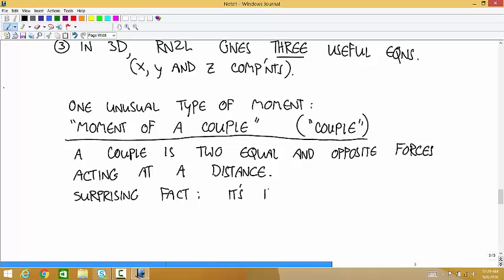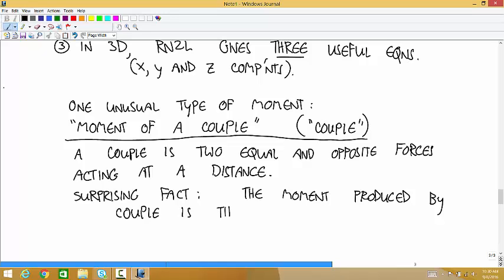The moment produced by the couple is the same no matter what the about point is.